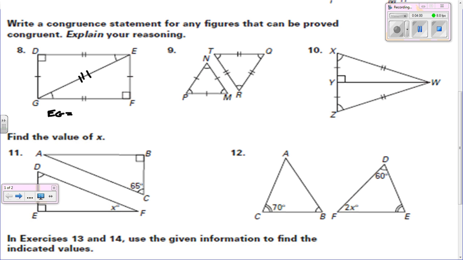EG is congruent to EG because of the reflexive property. Then lastly, you could say angle E is congruent to angle G by the third angles theorem.